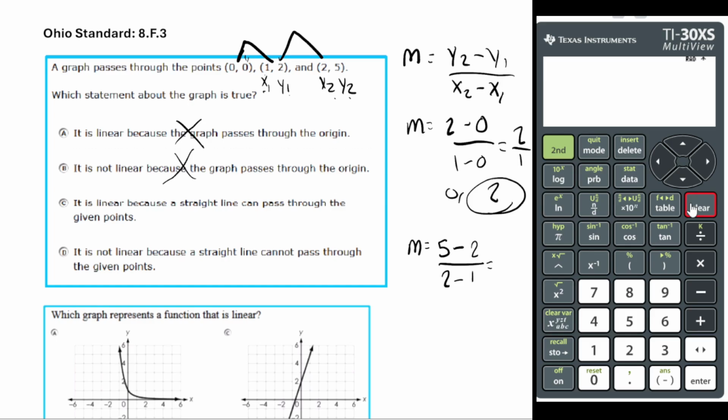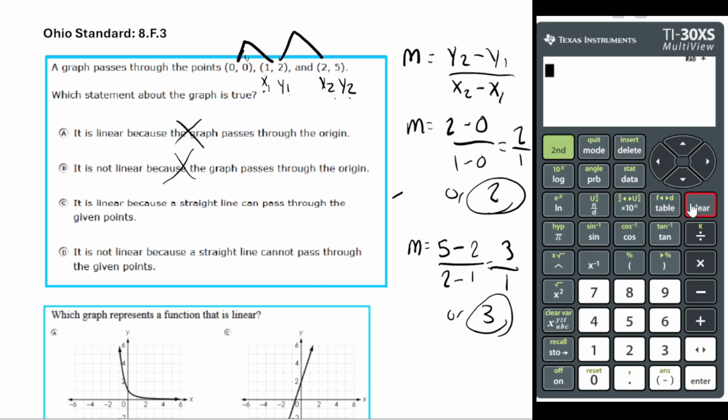So that gives us 3 over 1, or 3. Does 3 match 2? No. So because our slope is not the same, it's not consistent, then it is non-linear.